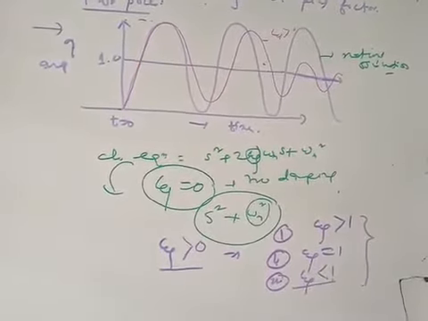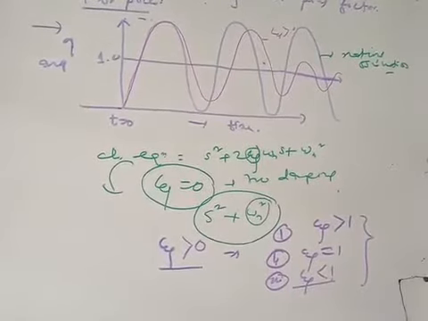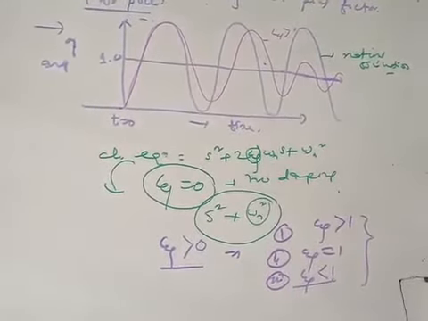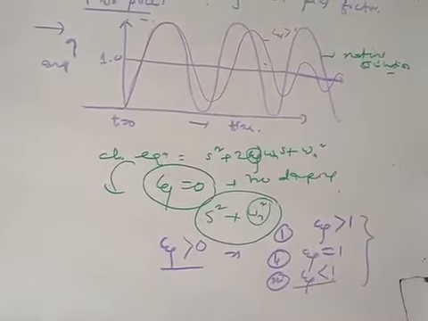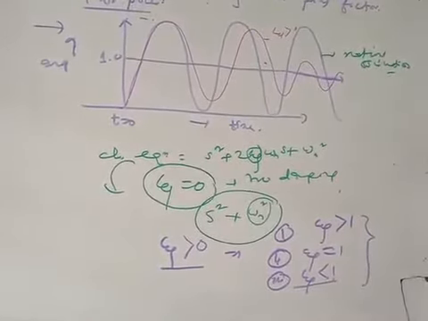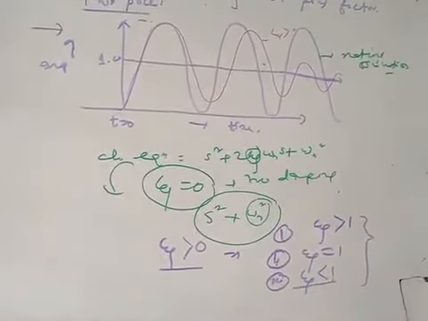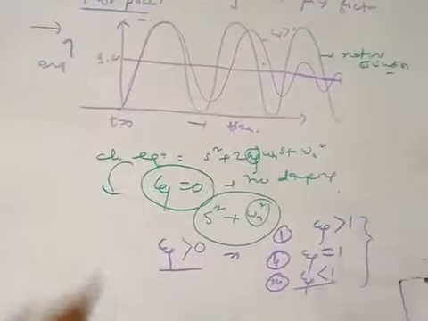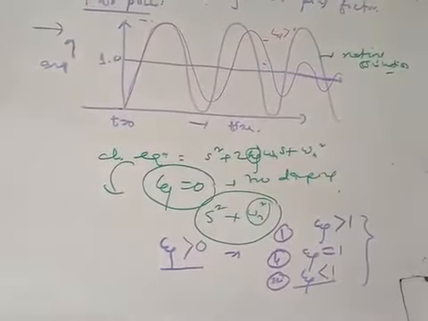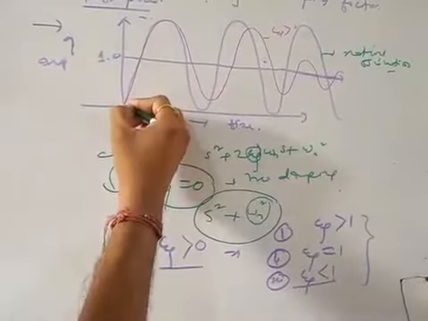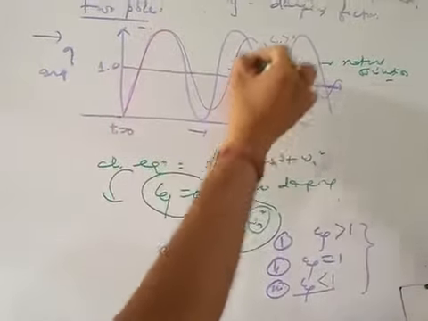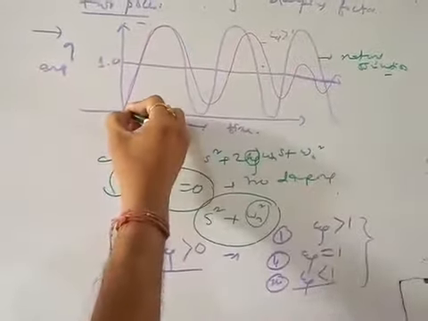So xi less than 1, and this with respect to 1, these three types of damping are normally denoted. If the value of xi is greater than 1, that means it is assumed that the damping is very much higher. And once you have applied a certain type of damping which is very much higher, suddenly these oscillations are reduced, and you get the response curve like this.